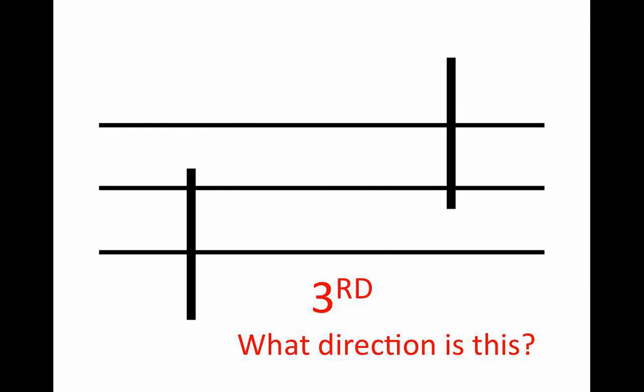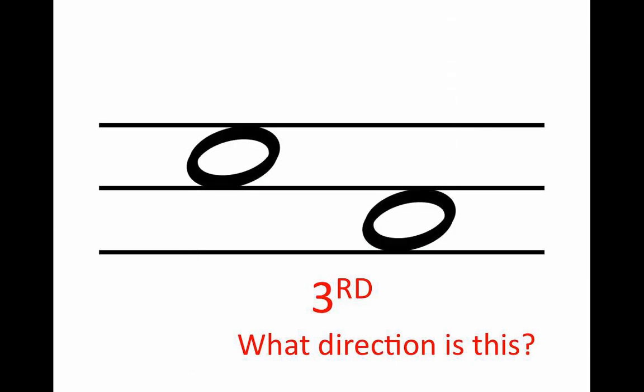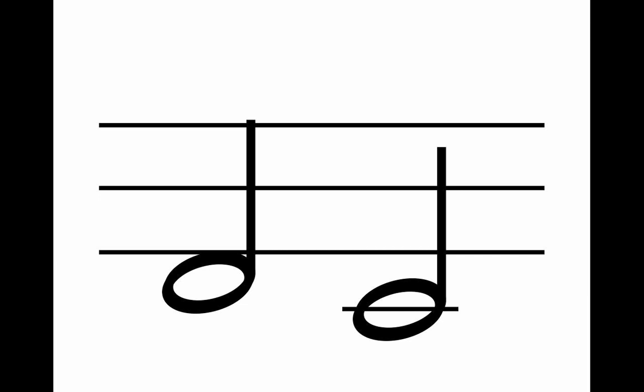Now if you were to look too closely at the stems, it looks like these two notes are going up, but it's not the case. Get rid of those stems and you can see that the note heads are showing you that this is a third going down.